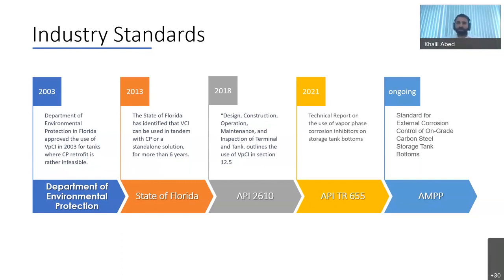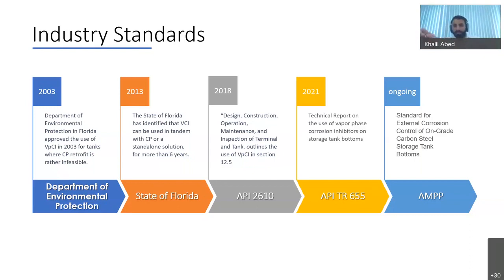Because of the track record from 2003 to 2013, it gave the confidence that this solution can be used standalone or in combination with cathodic protection. 8 years later, in 2018, API published the revision of 2610, the tanks and terminals standard, which outlined the use of VCI for the tank bottom in section 12.5.